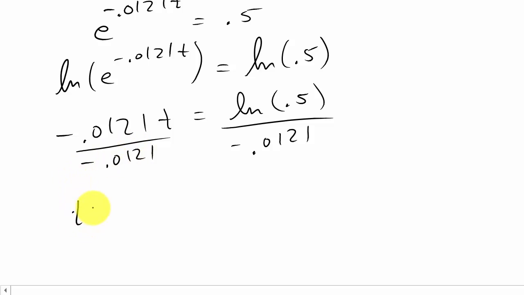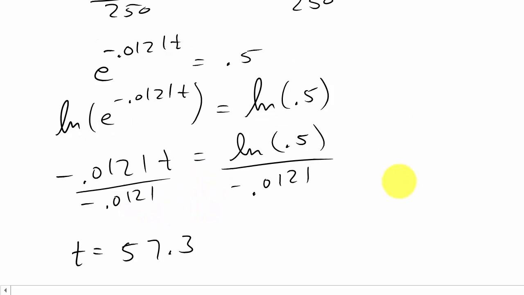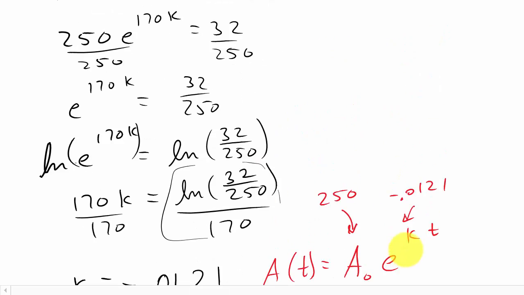So we get t is, and then I'll have to punch that into the calculator to see what we get. So let's see, negative 0.0121, and that gives me 57 point, I will round it to 3 decimal places.